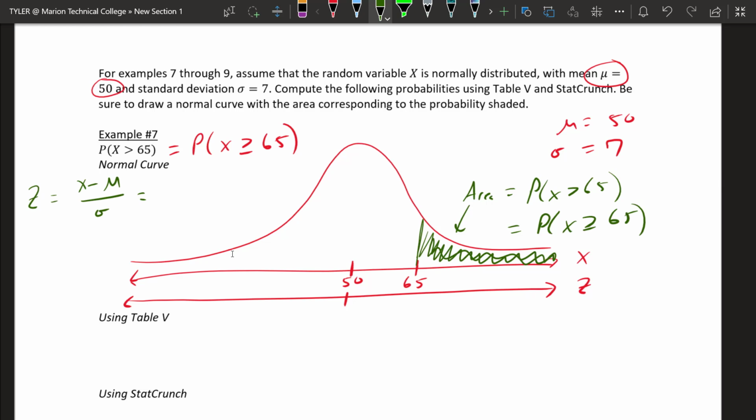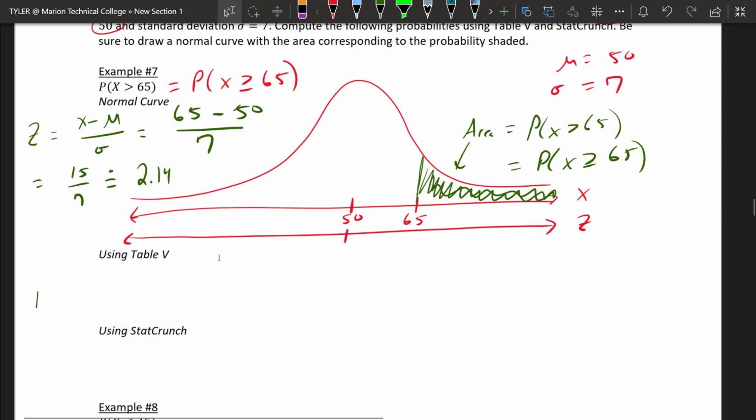If we plug these in, we have an x value of 65, the mean is 50, and the standard deviation is 7. So this equals 15 over 7. And if you remember from the table, all the z-scores only go out to 2 decimal places. So if I round this to 2 decimals, I get 2.14. This is a rounded value.